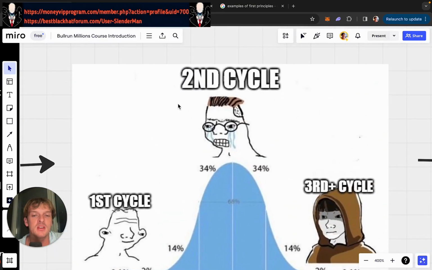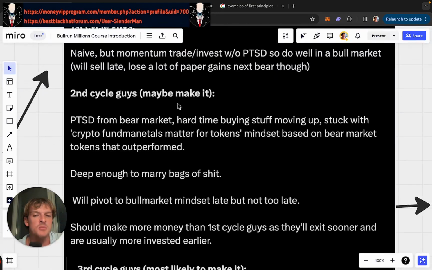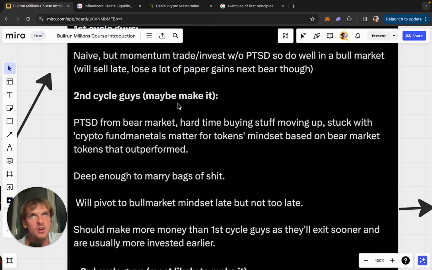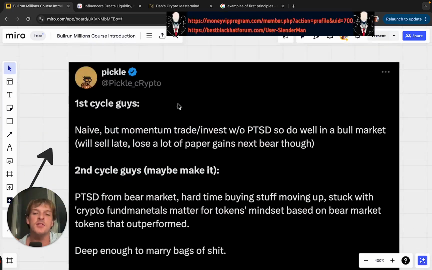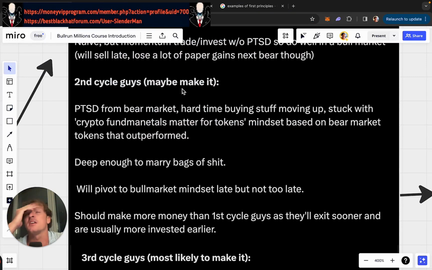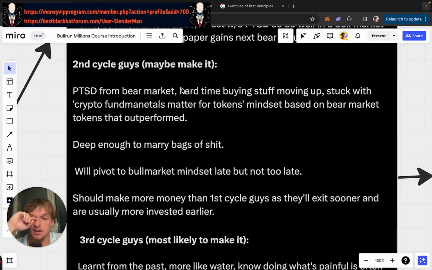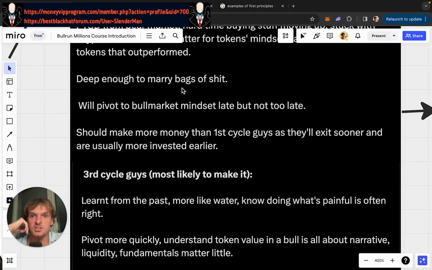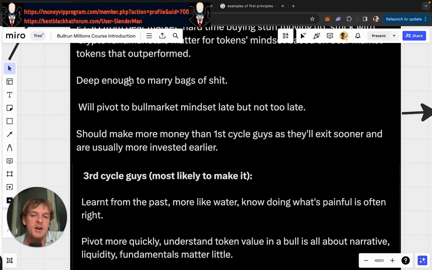This is where you think you're going to make it in your second cycle, but you're still in your mid-curve brain. And you see, in the first market cycle, you bought meme coins. And then in the second market cycle, you started buying real things, like, I don't know, whatever project you thought was legit. Like you started buying DeFi protocols, things that have actual value. And then you just mid-curved it. You didn't make money. Okay? So you're deep enough in crypto that you don't marry bags of shit.